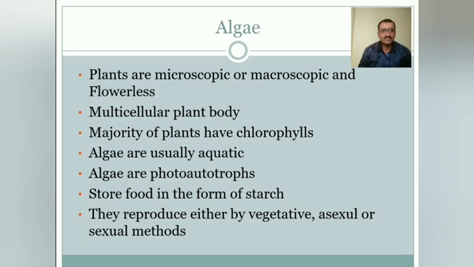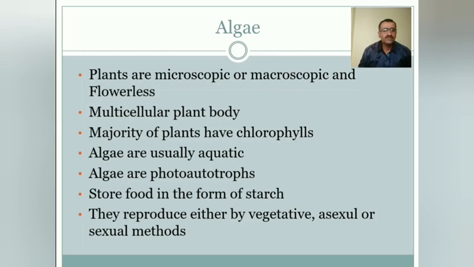Not in algae but in fungi and bacteria, which are also in lower cryptogams. These groups do not produce their own food material, they totally depend for food on another organism, so they are known as heterotrophic.